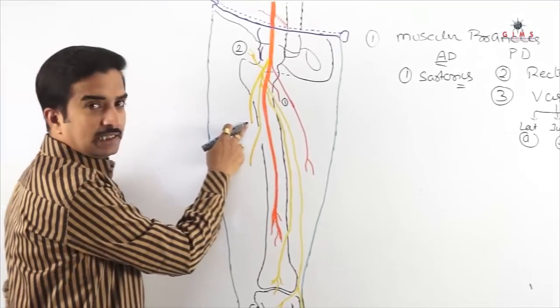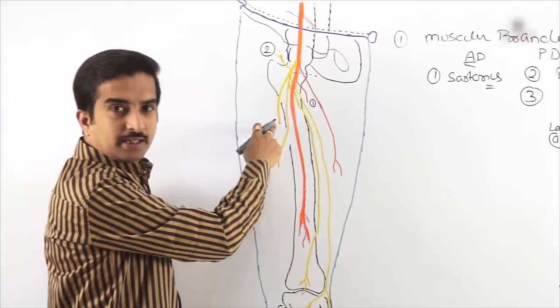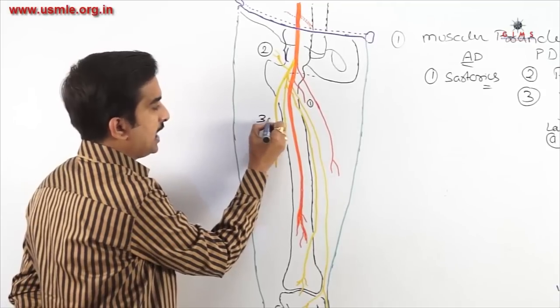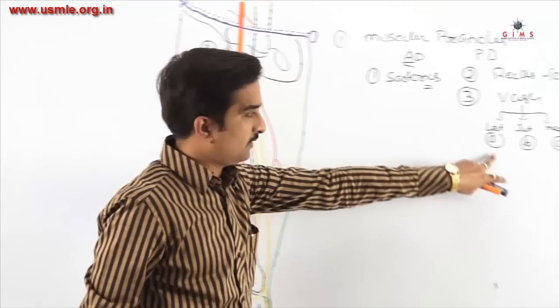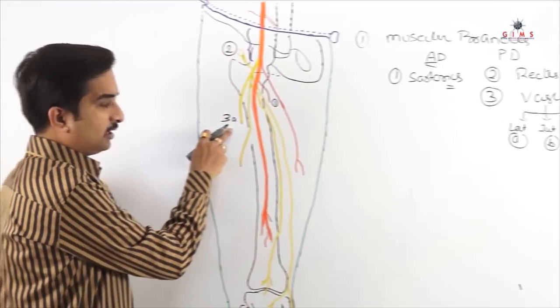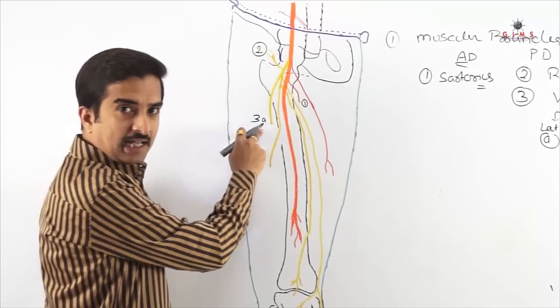So this is the lateral most nerve you can see. Here I will mention it as 3A, which means it is the vastus lateralis, right?